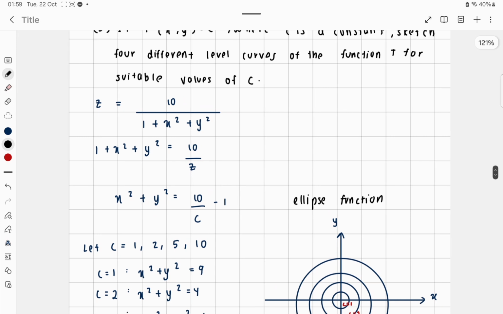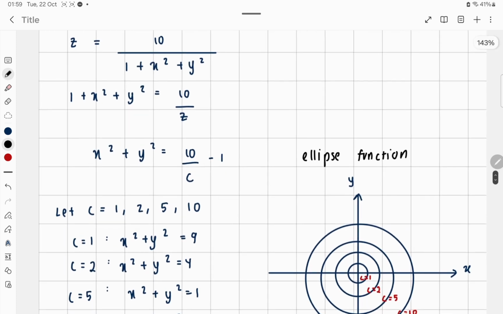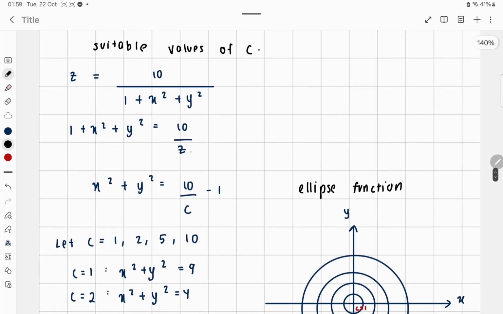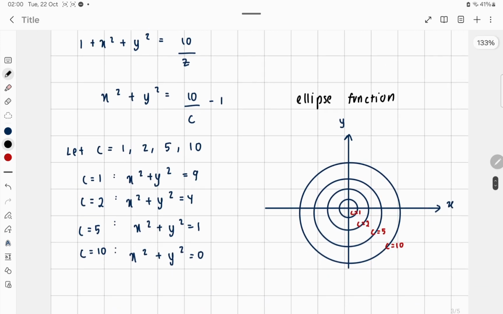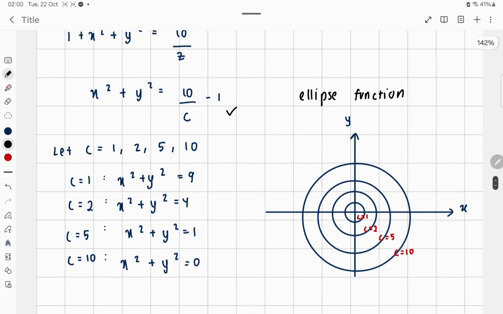The first thing that we need to do is to let x squared plus y squared be on one side and the rest of the constants on the right side to get this equation. Then we need to change the value of z to c so that we can substitute all four different values of c into this equation.